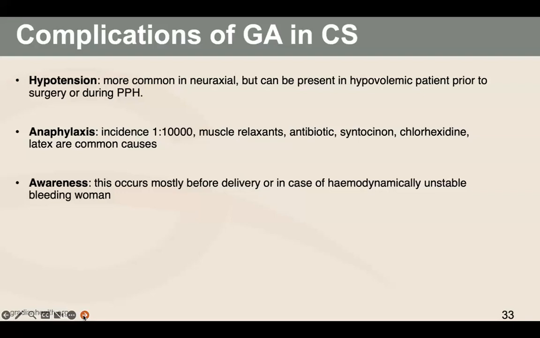Then anaphylaxis is also one rare complication, at 1 in 10,000; muscle relaxants and antibiotics are some of the agents that have been implicated. Then awareness is, of course, mostly before delivery, or in the case of hemodynamically unstable bleeding women. Next slide.